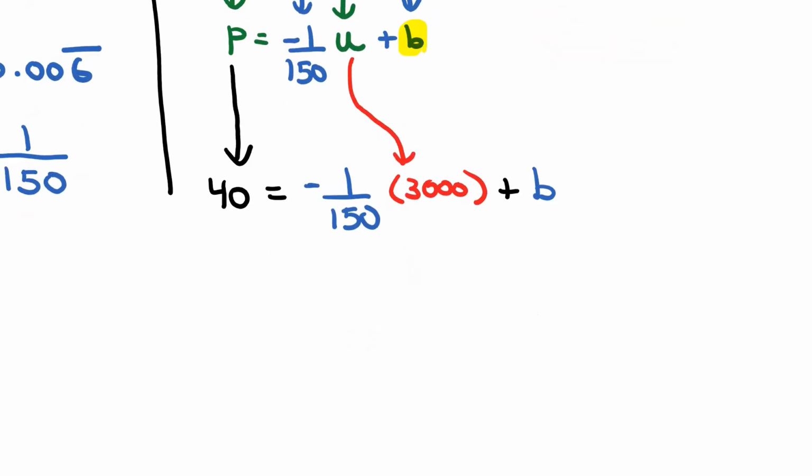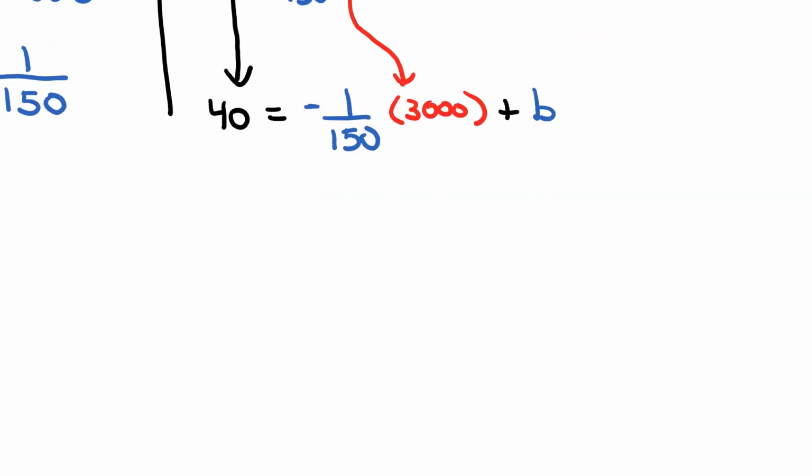Now you can go ahead and find the value of B. This is going to be 40. If I go to my calculator and type in 3,000 divided by 150, that gives me negative 20, plus B. If I bring the negative 20 over, it's going to be 40 plus 20, which is 60.